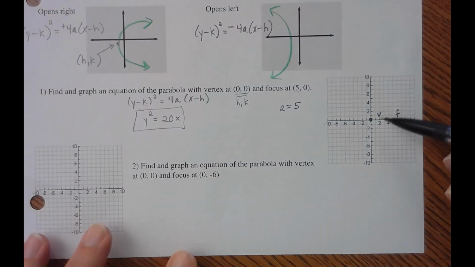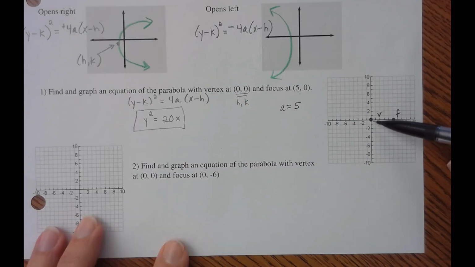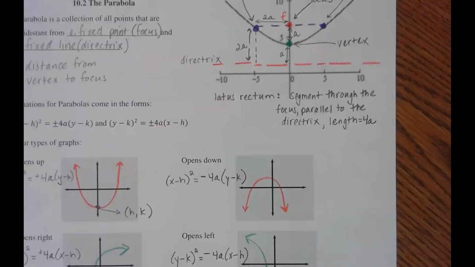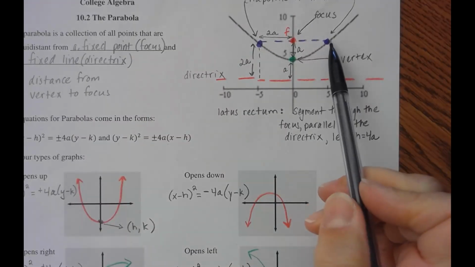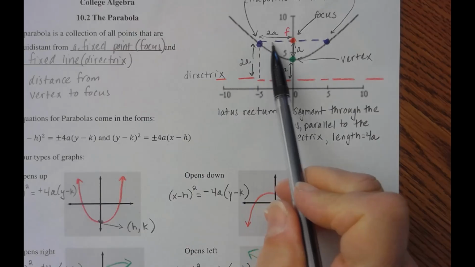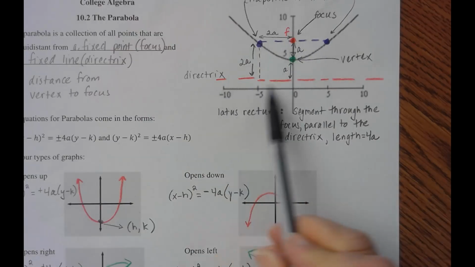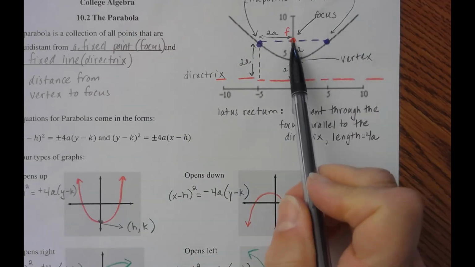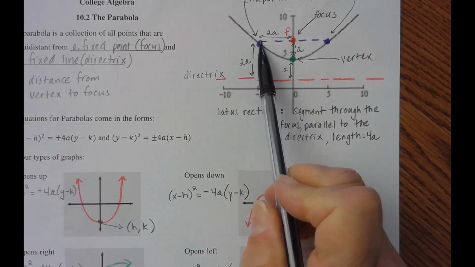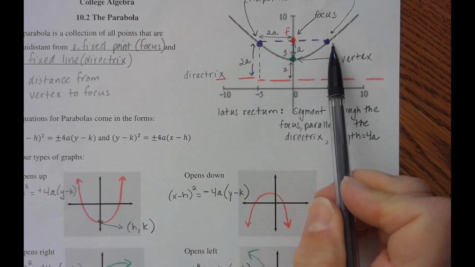Now I want to make sure that I draw this accurately, so how wide will it be? In this case, I need to remember that the latus rectum, this segment that goes through the focus and is parallel to the directrix, is 2a from the focus on each side.